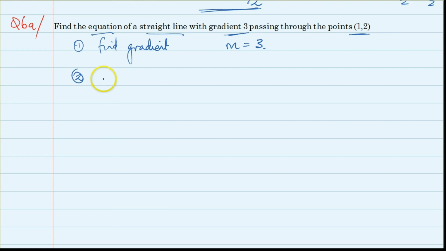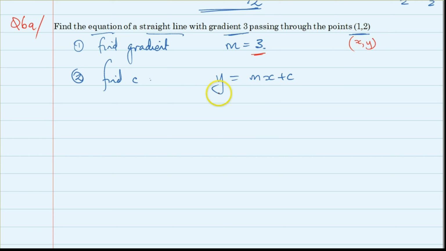Step 2 is that we need to find c, or the constant on the end. The standard form of the straight line is y is equal to mx plus c, and we have 3 pieces of the puzzle here. We know that m is 3, we know that x is 1, and we know that y is 2.